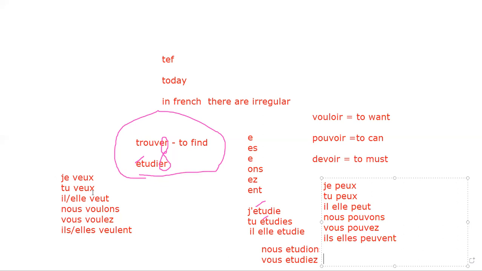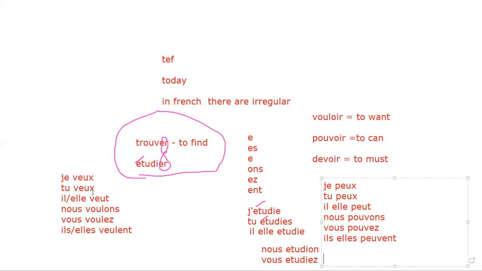So repeat after me. Je peux, tu peux, il, elle peut, nous pouvons, vous pouvez, ils, elles peuvent.